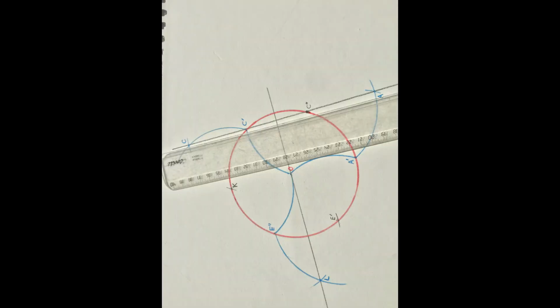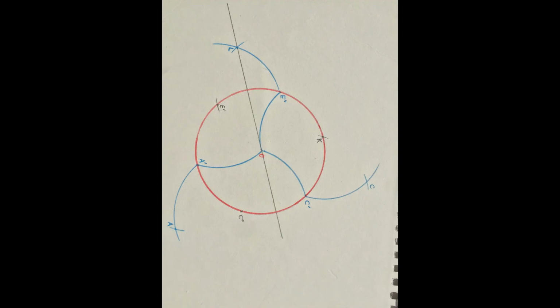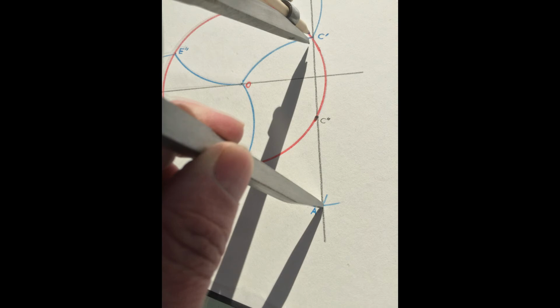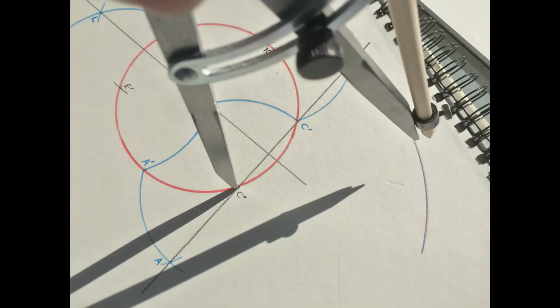I take as the distance of the compass the diameter of the circle. I point to C'' and draw an arc of a circle in the northeast quarter of the figure.